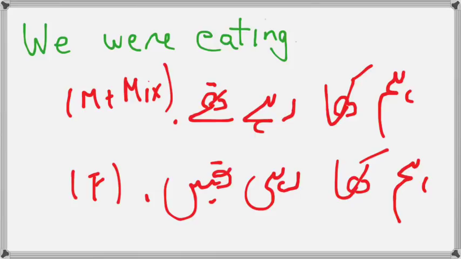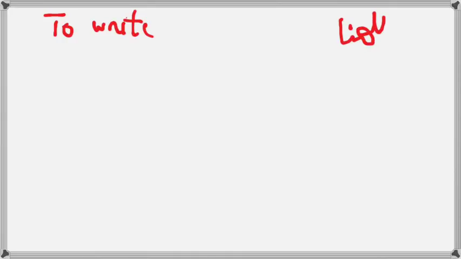Now we will take the example of negative sentences. Let's take the verb to write, लिखना.